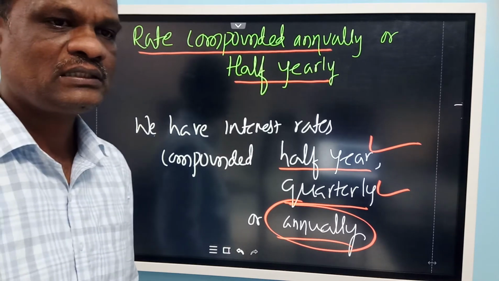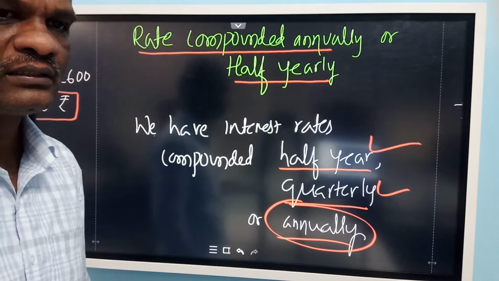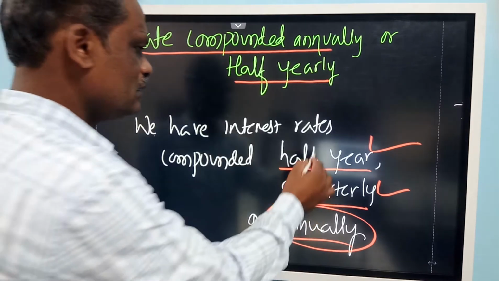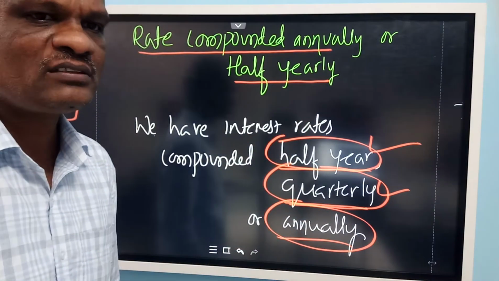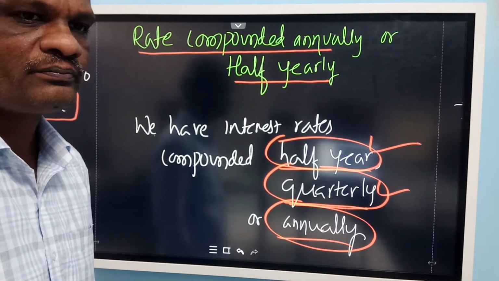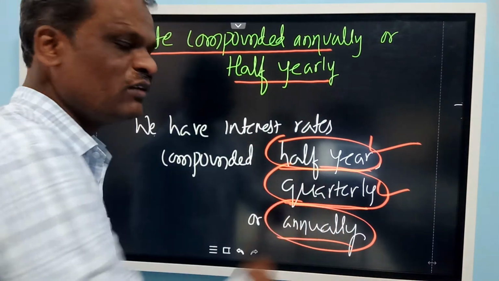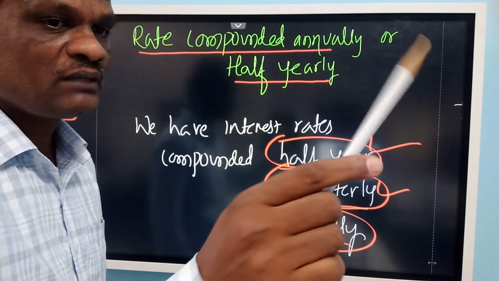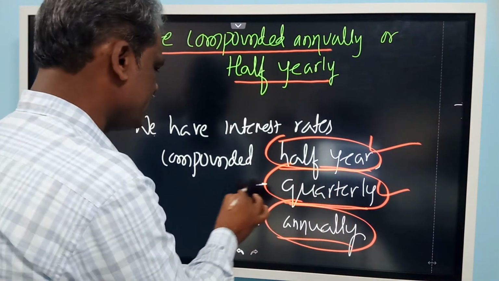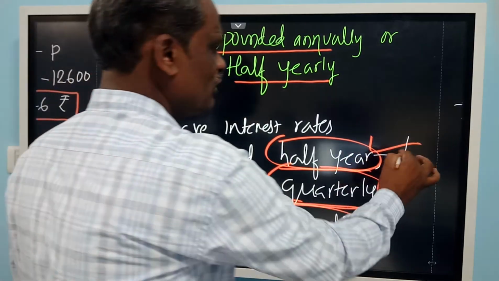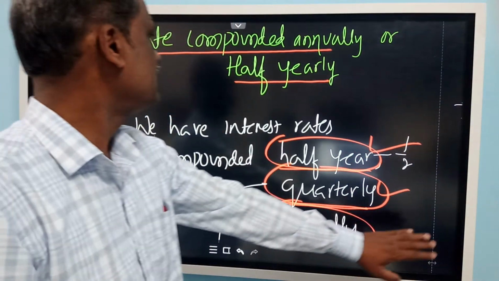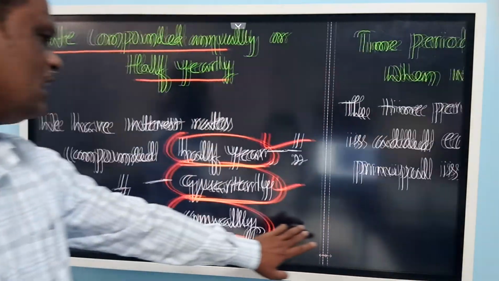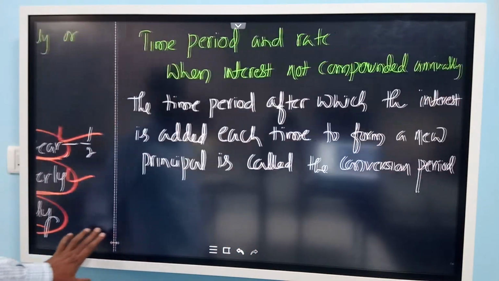Half yearly means how many months? 6 months. How many 3-month periods will be there in a year? 4. So that's why it is 1/4. Quarterly means 1/4 of a year, half yearly means 1/2 of a year, and this is 1 year completely. So we can calculate the interest half yearly, quarterly or annually.